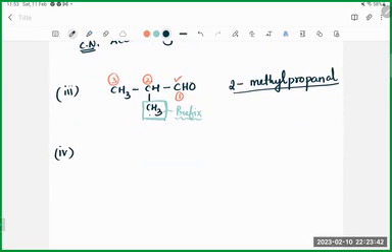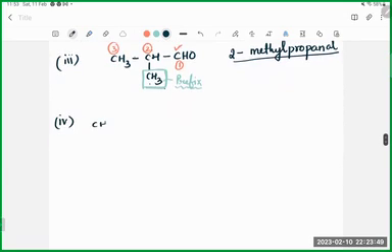Note down. You have a notebook with you? Yes, ma'am. Take down the questions. Dot means single covalent bond.